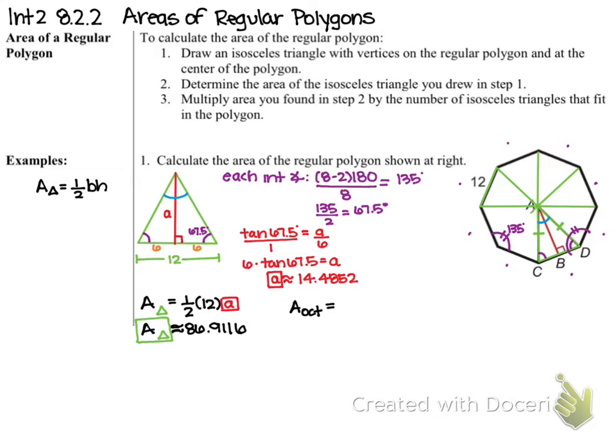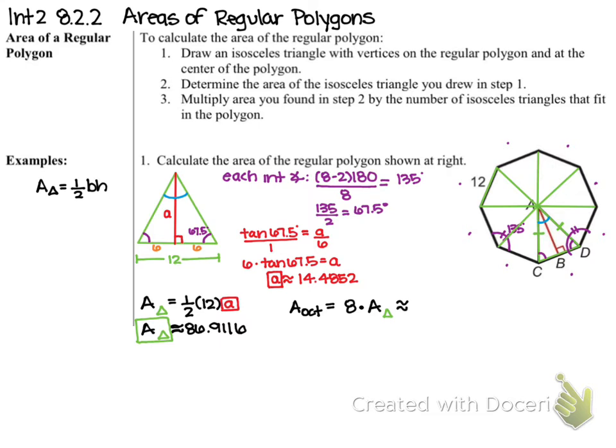It looks like it's however many sides we have. So we're going to end up with 8 of these green triangles. So the area of the octagon is going to be 8 times the area of the green triangle, because we have 8 of those. This is going to be an approximation.